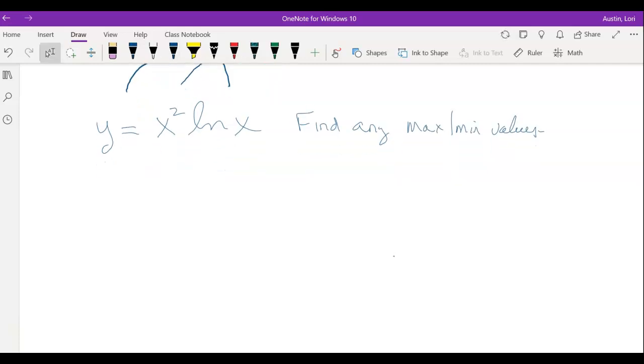So what do you think the first thing you're going to do is to try to find a max or min? We're not going to just graph the function because that's like cheating, right? How can we use algebra or calculus without graphing? What do you think the first thing we got to try doing is? You just took a test on it. Yeah, you're going to take the derivative.